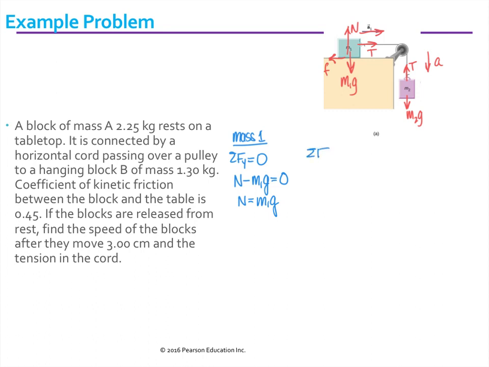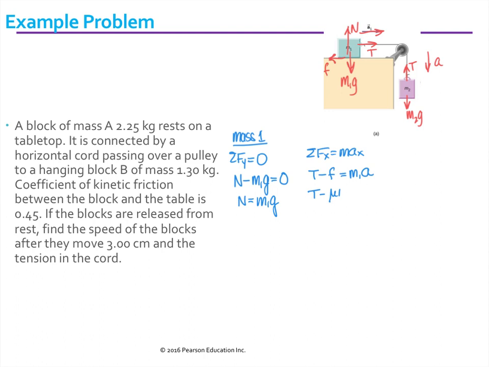In the x direction, this is the way that it's actually accelerating. I have tension and friction. Those two forces are opposite each other. I'm saying to the right is positive, to the left is negative. And so the acceleration is also to the right, so that's going to be positive as well. So I put the two forces on the left-hand side and m1 times a on the right-hand side.